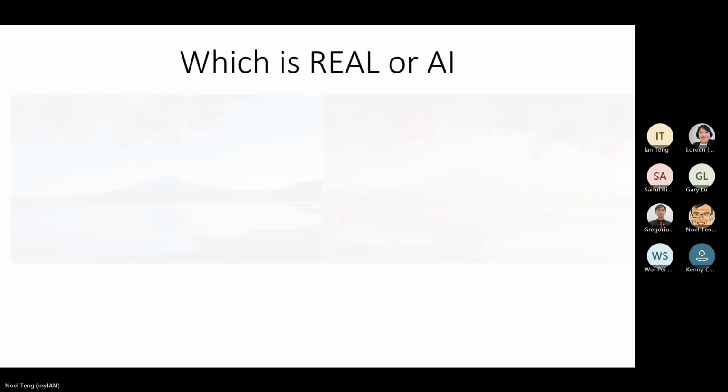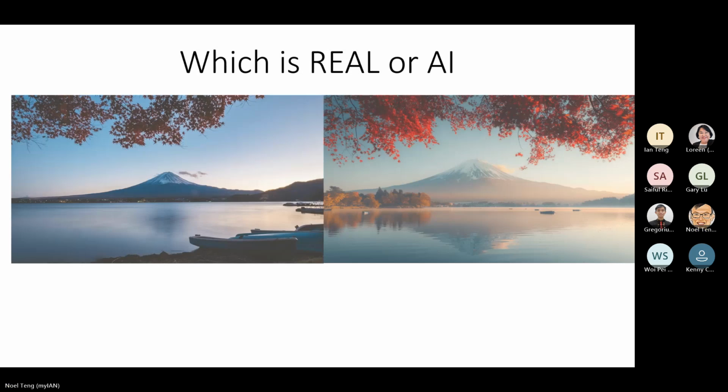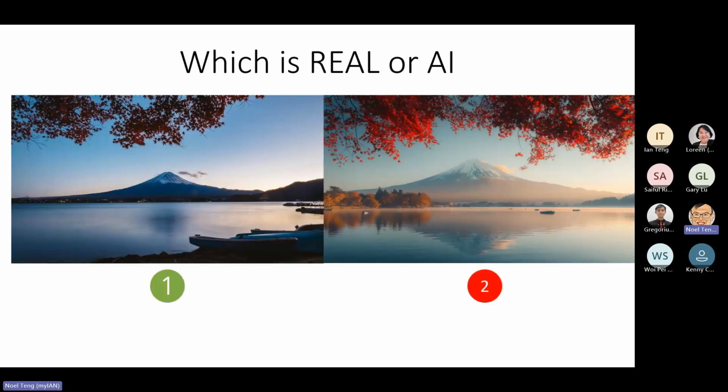Okay. Last one for now. So this picture looks familiar, Greg? This is Mount Fuji, right? Yes. So 1 or 2, which is real? Getting harder, huh? Number 1 is real, okay. So 1 for 1. Anyone else?